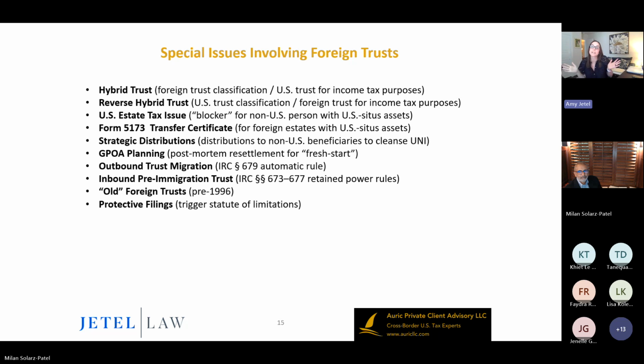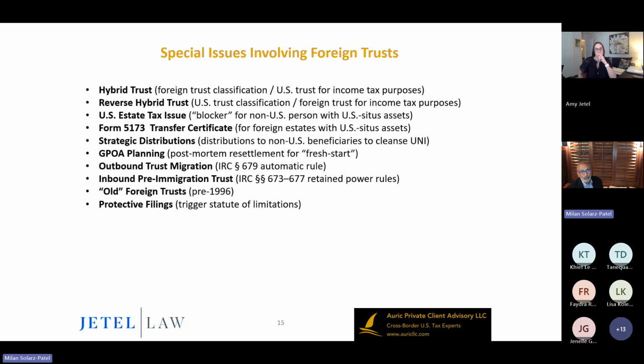So great for income tax because you have a foreign grantor trust with a foreign grantor, but not so great for estate tax if the trust directly holds U.S. estate taxable assets. So that's why we would need to put a blocker entity into that type of structure. Right. And so that's hence the blocker, which helps with the estate tax issue, but it's a little complicated to get into detail here, so just be aware of that issue.